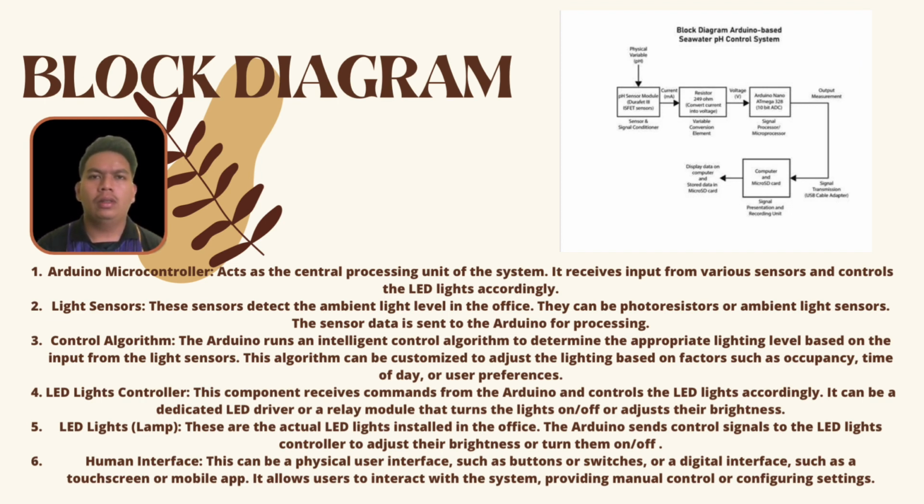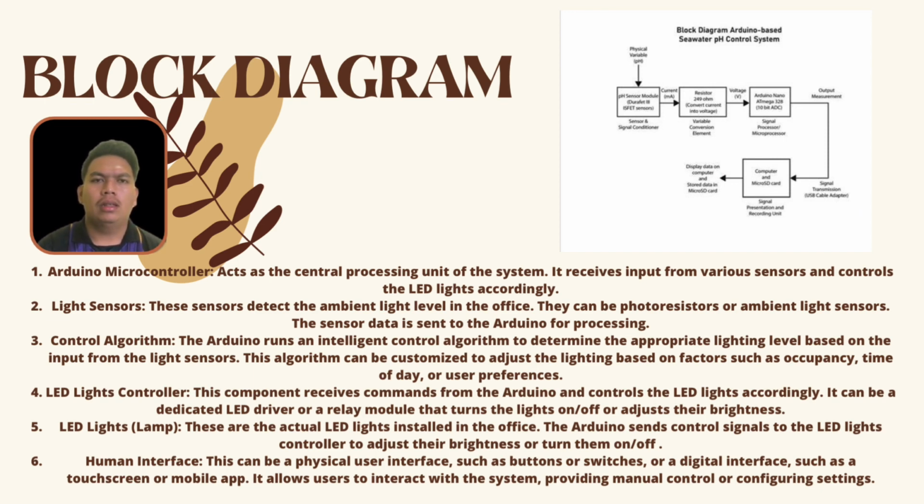Number 4, LED light controller. This component receives commands from the Arduino and controls the LED light accordingly. It can be a dedicated LED driver or a relay module that turns the light on or off or adjusts its brightness. Number 5, LED light.